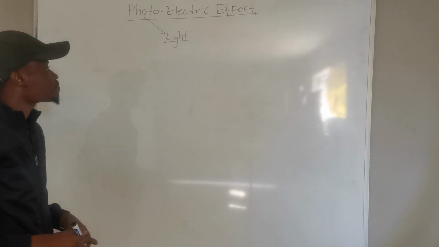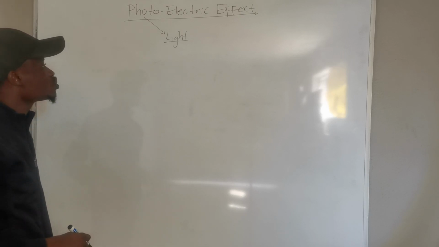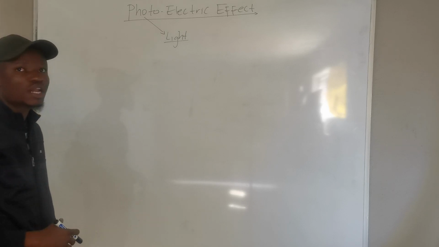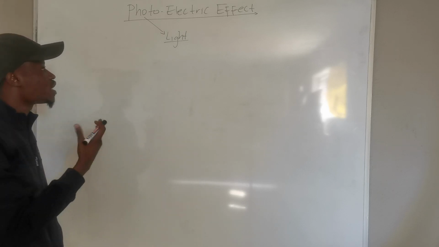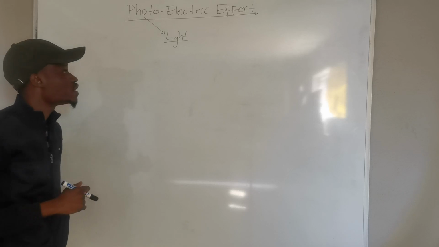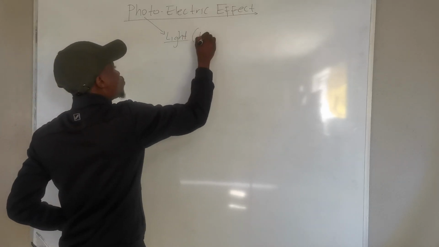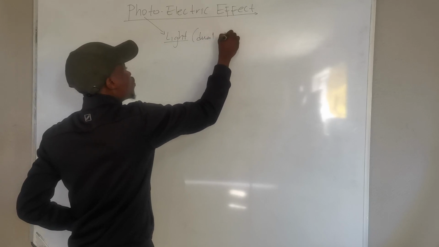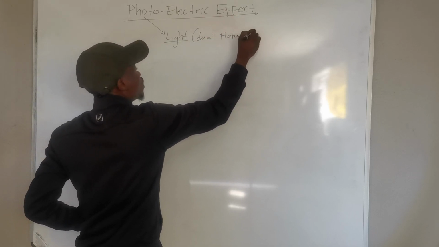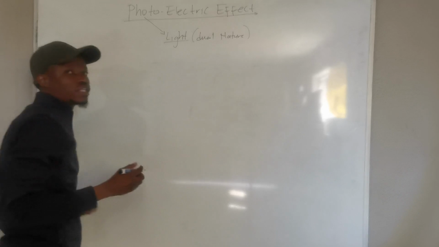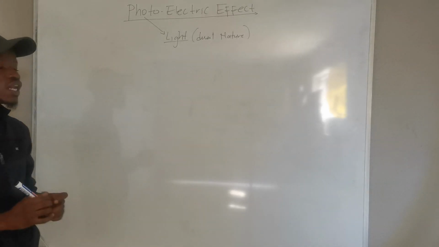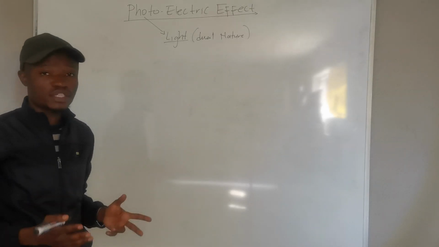So there have been so many discoveries about light. We have studied light in grade 10, where we were talking about the dual nature of light. The dual nature of light means that light has two behaviors, guys.